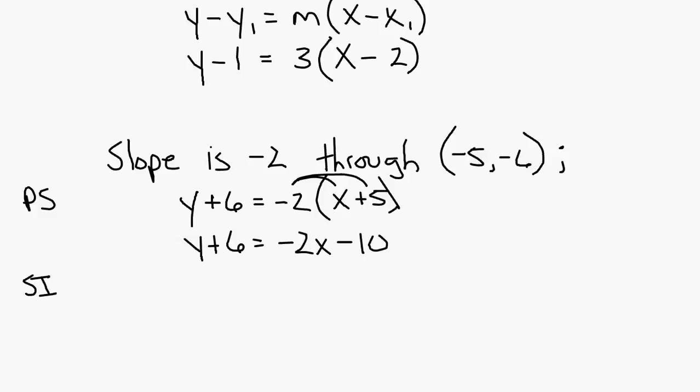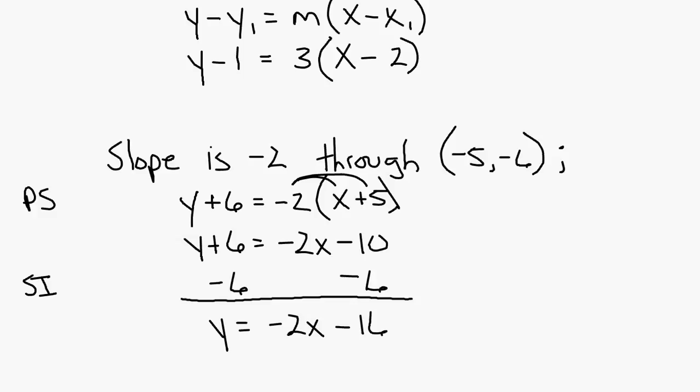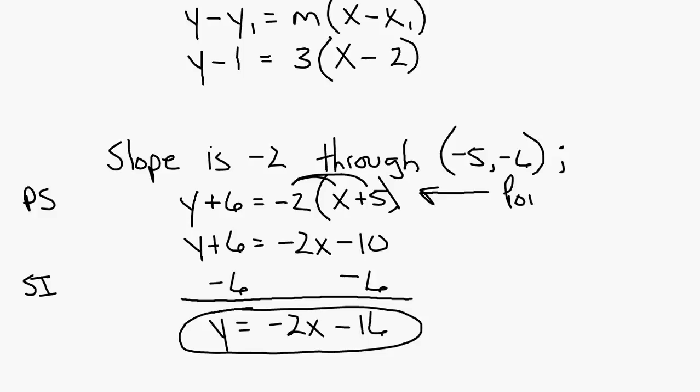And then solve for y. If you subtract 6 from each side, then y is going to be equal to negative 2x minus 16. The second equation is in slope-intercept form. The first equation that we wrote was in point-slope. Understood?